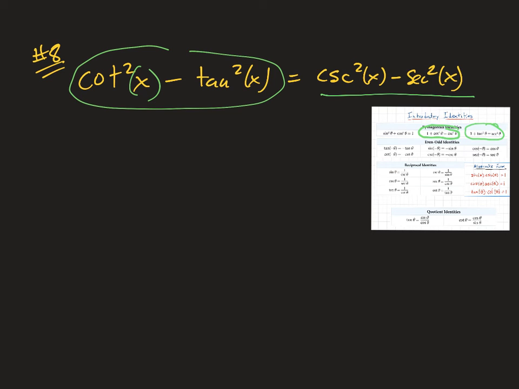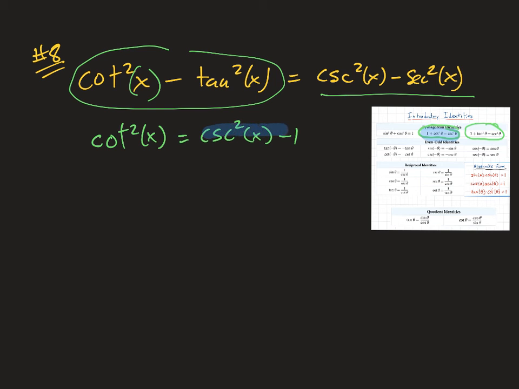This first one, instead of writing 1 plus cotangent squared of theta equals cosecant squared theta, I'm going to subtract 1 from both sides. So I'm rewriting that identity so that it looks like this. Oops, I forgot the of x. So this is the same identity as this guy right here, except that I've subtracted 1 from both sides.